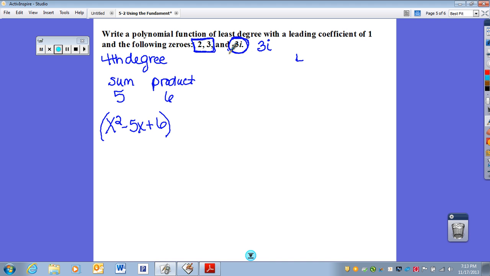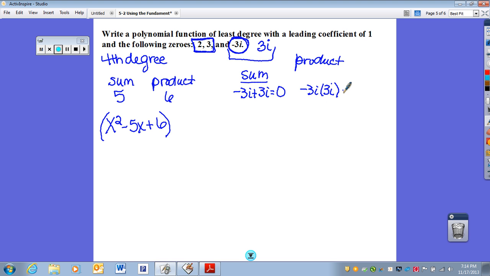Then we could do the same thing with these two imaginary roots. We would take the sum, so when we add them together, negative 3i plus 3i is equal to 0. And when we find the product, we multiply the two together. That would be negative 3i times 3i.